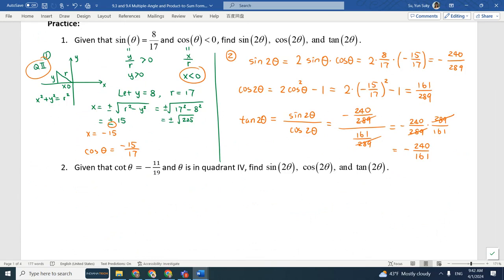And r is always positive. Good. And then find what is sine theta and what's cosine theta.